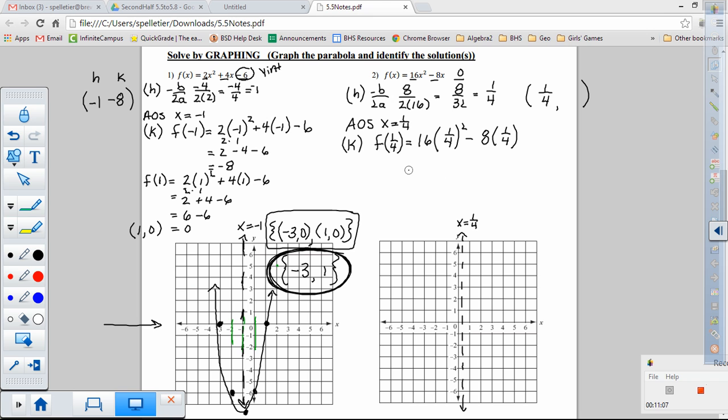Okay, so 1/4 times 1/4 is 1/16, and 16 times 1/16 cancels and gives you 1. And then 4 goes into 4 once, 4 goes into 8 twice. 2 times 1 is 2, so 1 minus 2 is -1. So my vertex is down at -1. So thankfully that's a whole number.